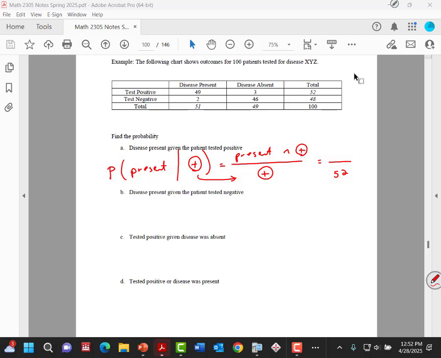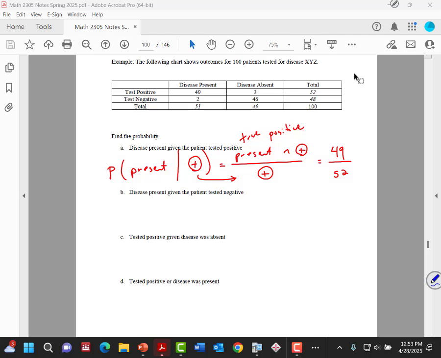Now, of these 52, how many of them was the disease actually present? That would be 49. So 49 out of 52. Just so you know, we would call this a true positive. If the disease is present, we want the test to test positive.